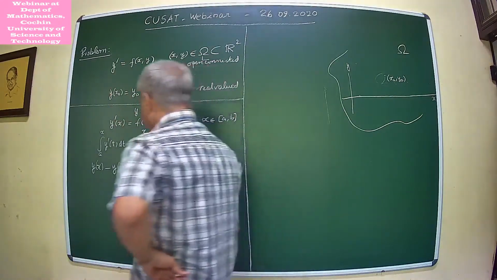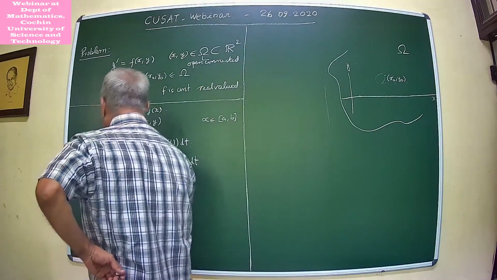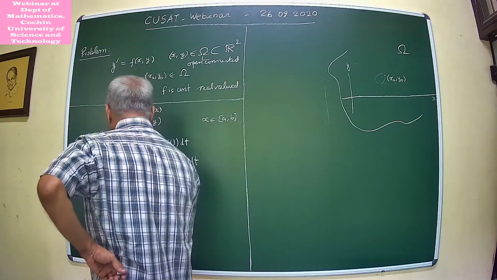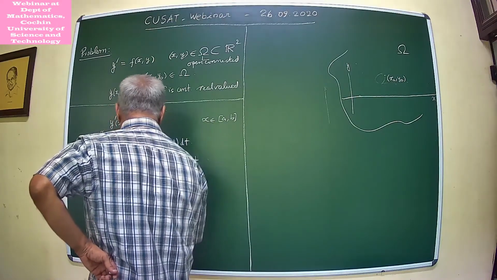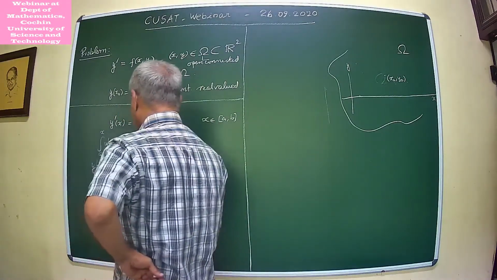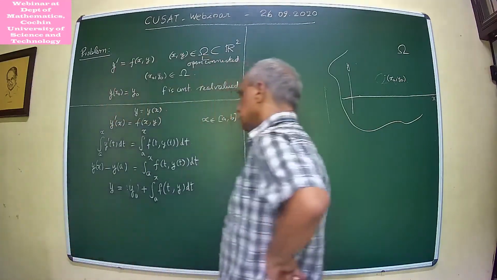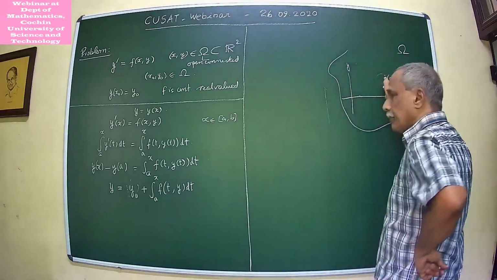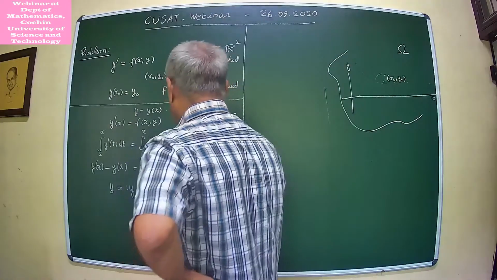Now I can write this, therefore you have an associated integral equation given by y equal to y of a plus the integral from a to x of f of t, y of t dt. So this is some constant, say something like y naught. Since we are interested in the neighborhood of the point x naught, y naught, we take this point a to be x naught.